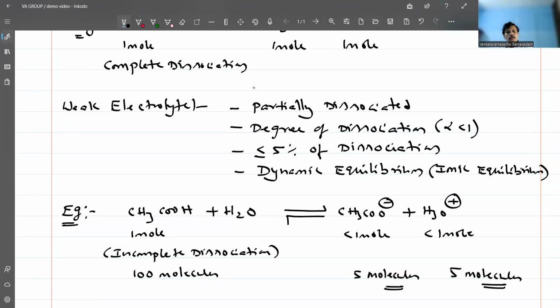That means out of 100 particles of acetic acid, only 95 particles remain. 5 particles are dissociated. Here 95 molecules are undissociated.